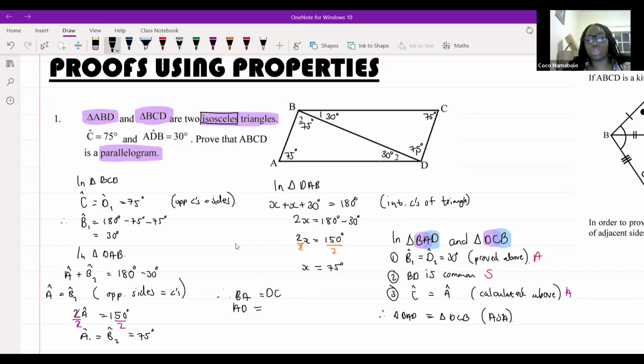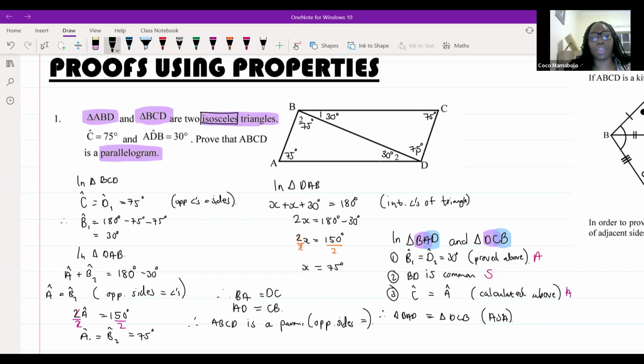AD is equal to CB, right? And there we've proven that the opposite sides of our parallelogram are equal, right? So I can say, therefore, ABCD is a parallelogram. And then I can say opposite sides equal. There we go.